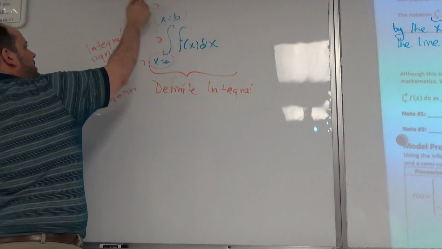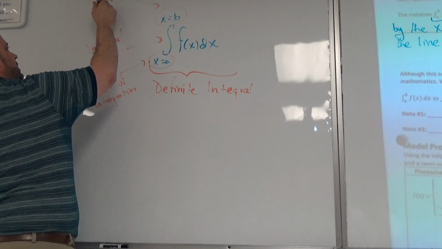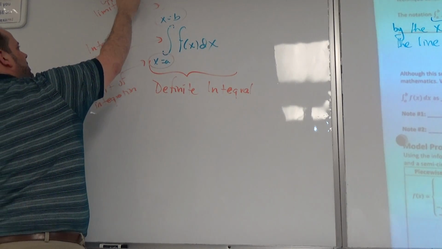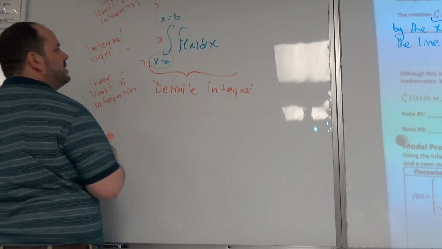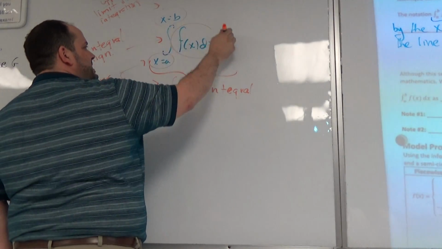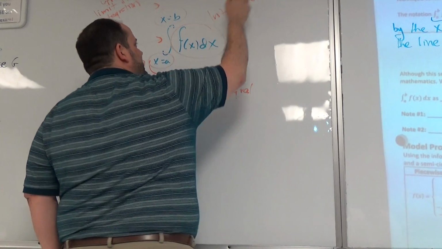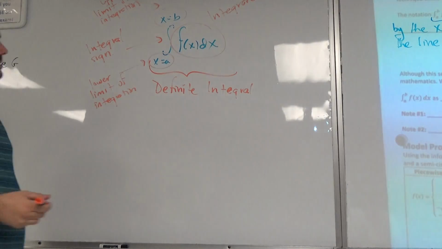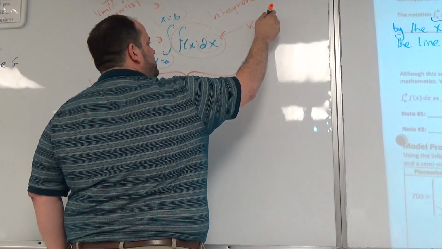X equals b is your upper limit of integration. The f of x and the dx together are called the integrand, I-N-T-E-G-R-A-N-D. And the dx is your variable of integration.